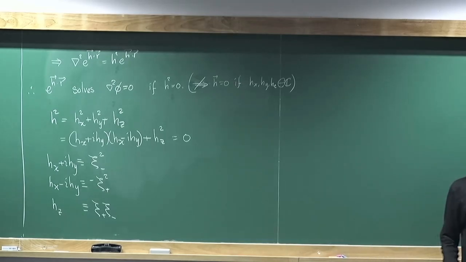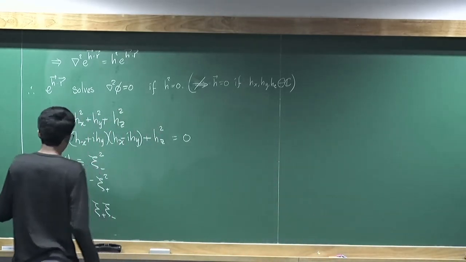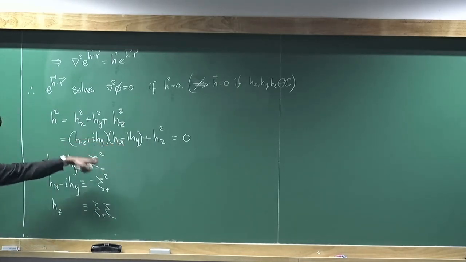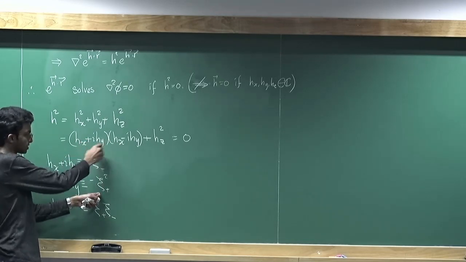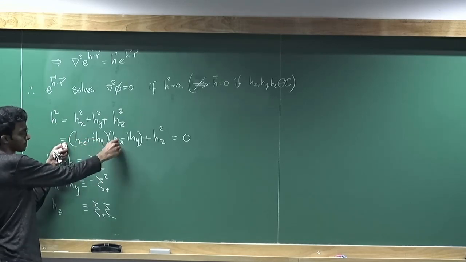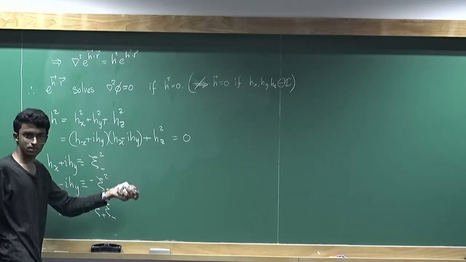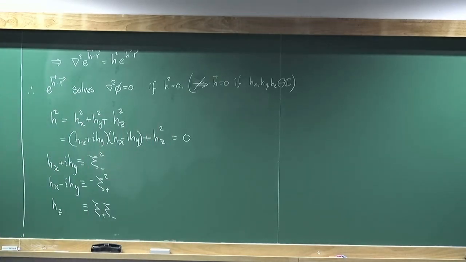They'll become natural in one moment. But xi is some arbitrary symbol. Notice that this parameterization immediately solves h squared equal to 0, because this will give you minus xi plus whole squared, plus xi minus xi plus whole squared, which vanishes. Okay. So now we have some parameterization for hx, hy, and hz.